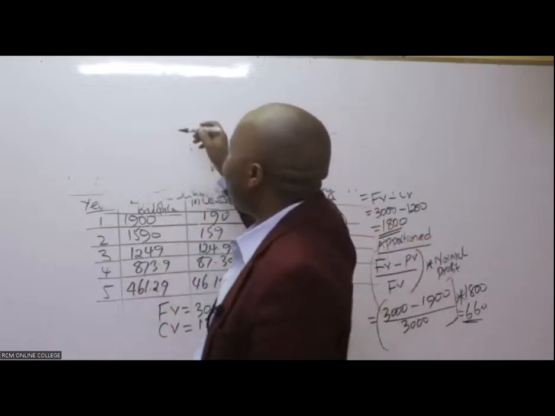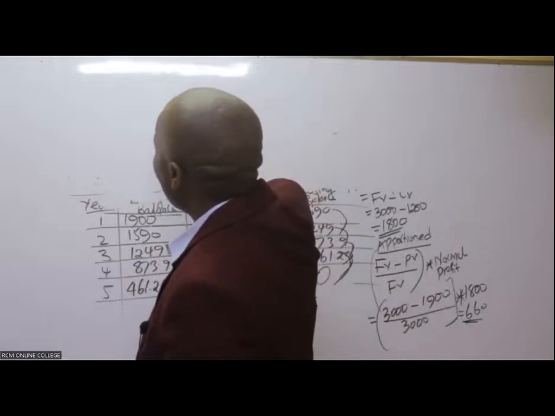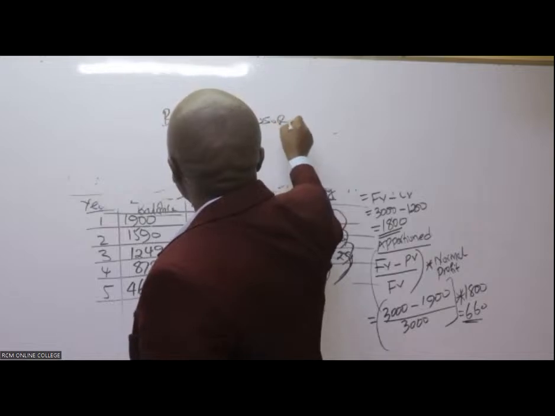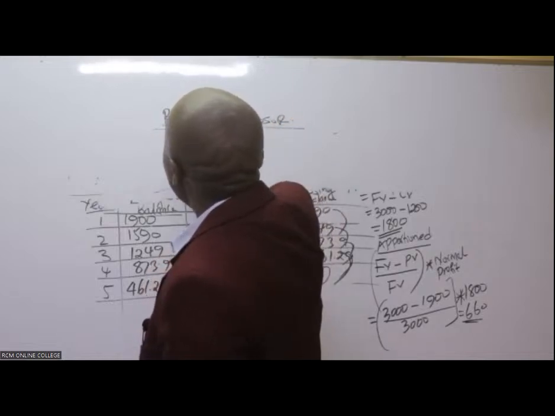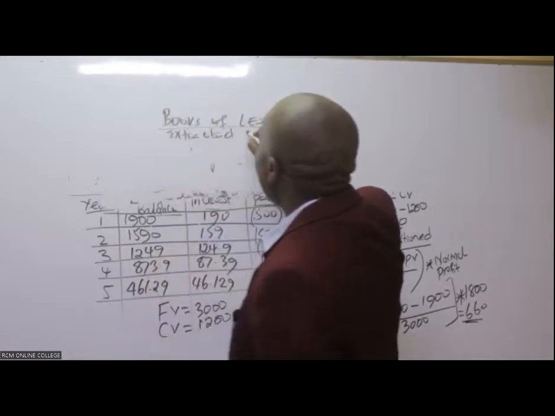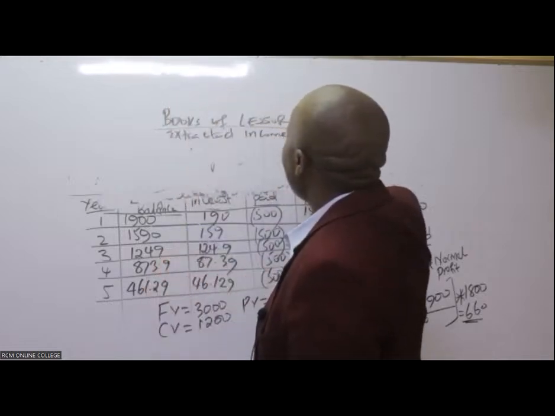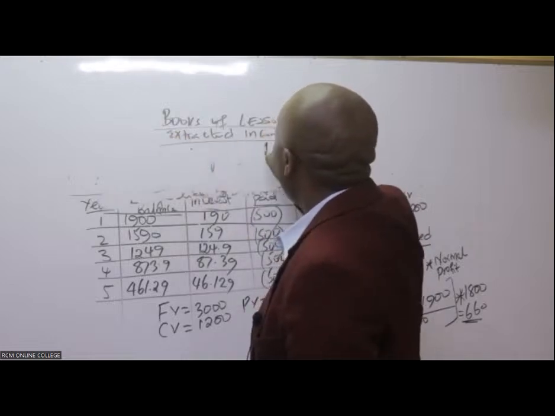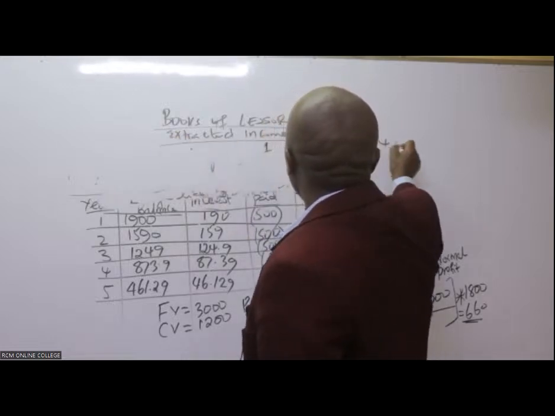The lessor is the easier guy here. Books of the lessor. So the lessor, in the extracted income statement, what is this guy going to recognize? Year 1, year 2, year 3, year 4, year 5.